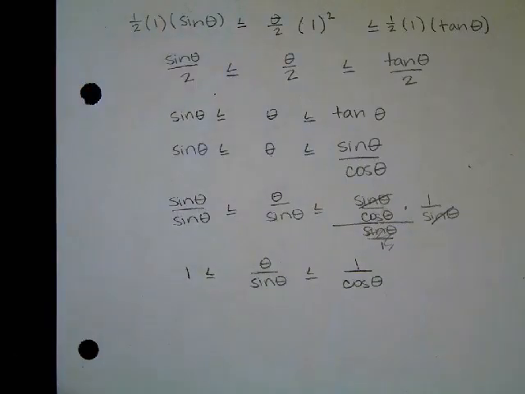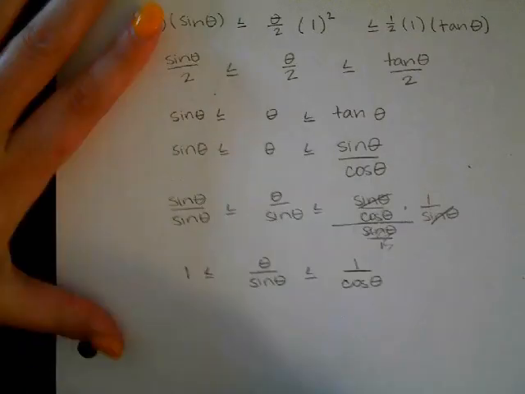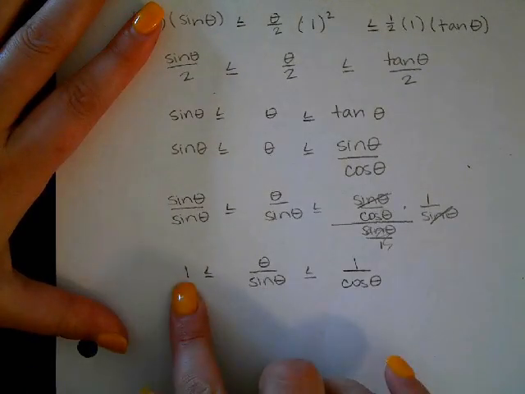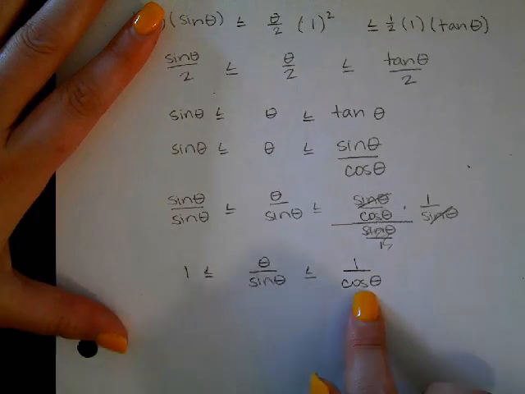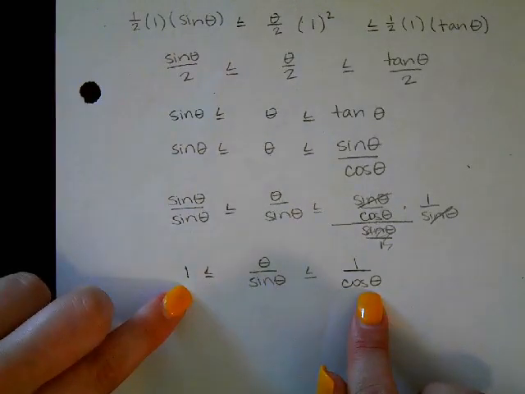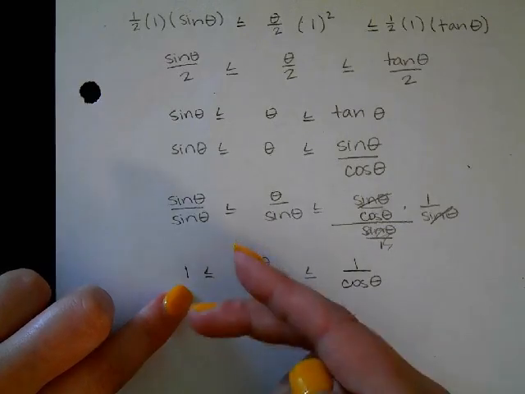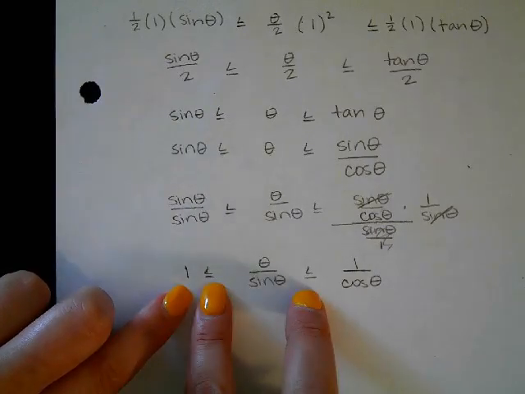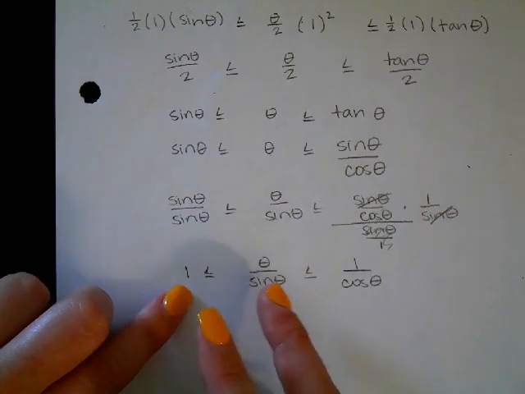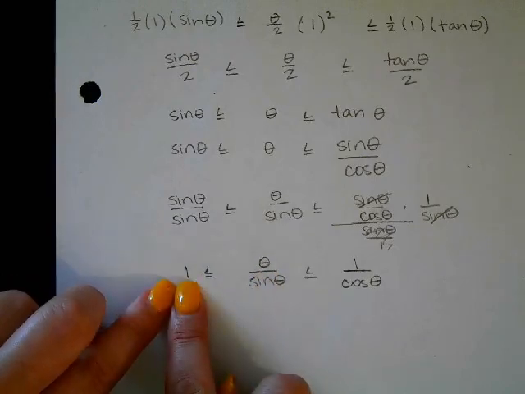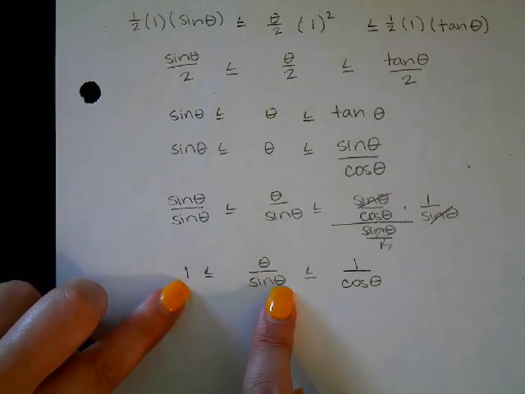So let's think of this in terms of numbers. If I had a 1 on this side, a half here, and let's say a 5 over here, if I was to take the 1/2 in the middle and flip it, what would that do to my symbols? It would switch them. Does that make sense? Let's say I had a 3/2.